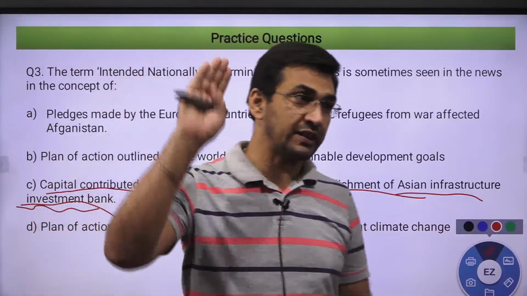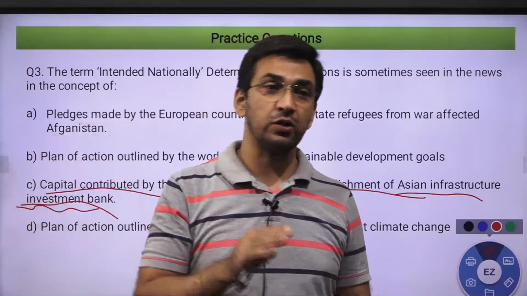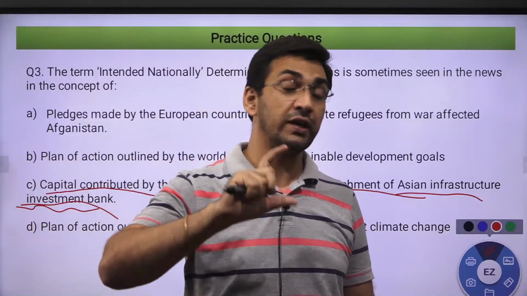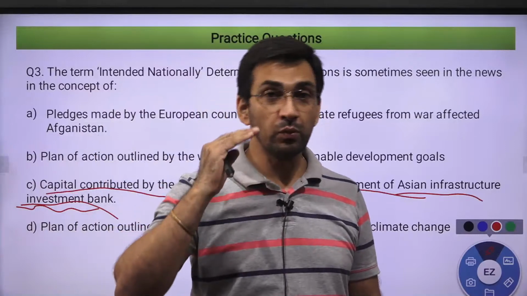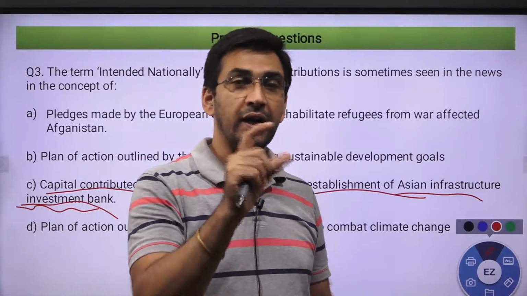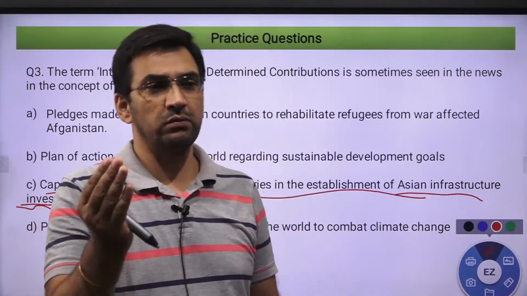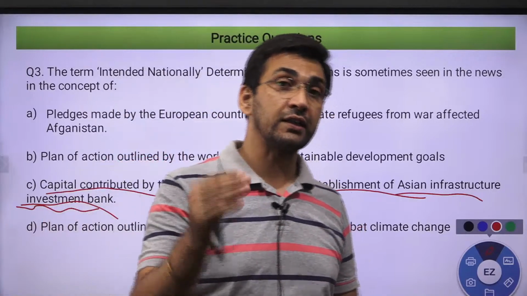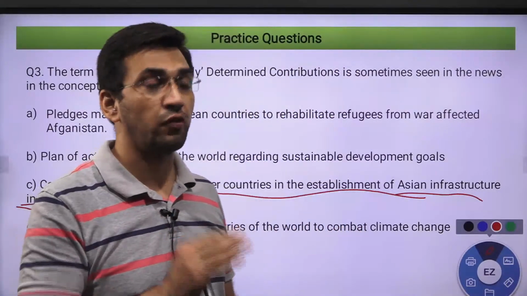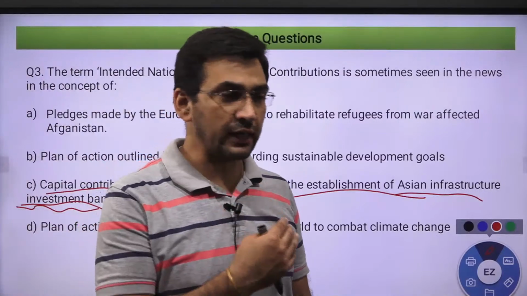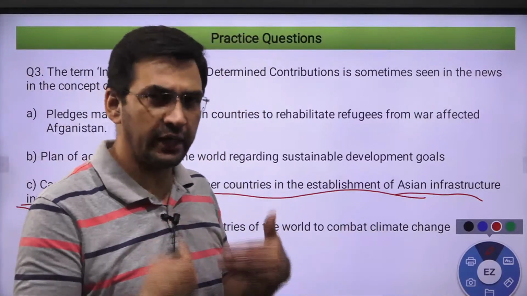So compared to the period of around 1750 or 1800, we should not allow the average temperature to increase above that; we have to restrict it well below 2 degrees Celsius, and at best we are trying to stay below 1.5. If it rises up to 2 degrees Celsius, it will have catastrophic impacts on the global scale. So to achieve that target all the countries agreed, India also agreed.